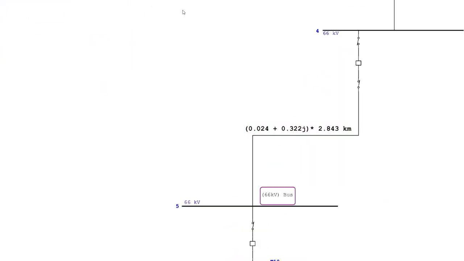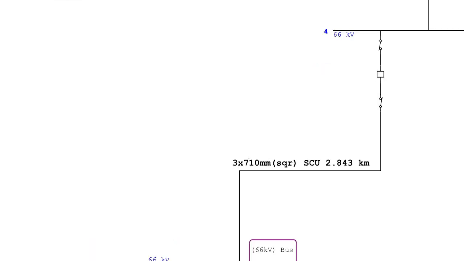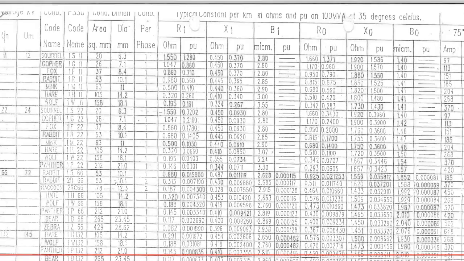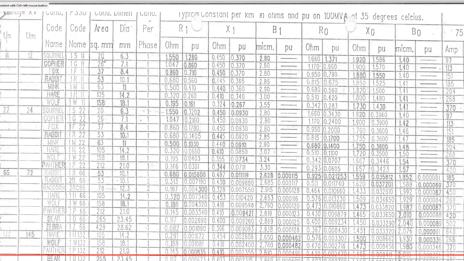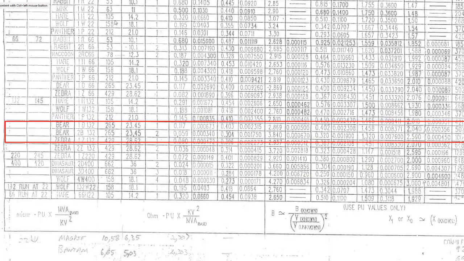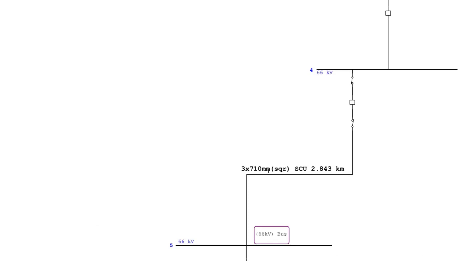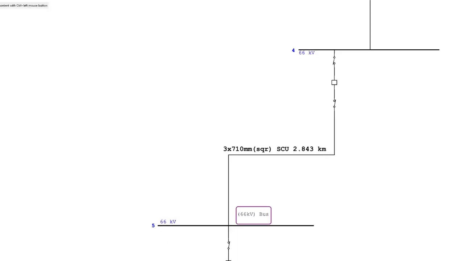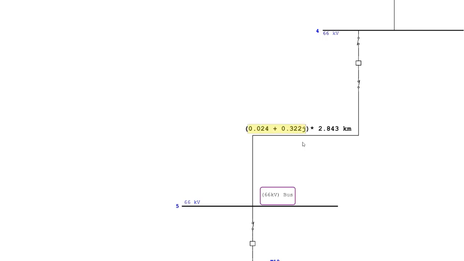Now you notice here we have something different. Instead of having a name of the cable, we have the millimeter square. This is the area of the cable. Going back to the same table, we can see that they also gave us the area in millimeter square. Now we just have to see which area corresponds to what we have here, which is a 710, and we found that the 662 is close enough, so we take the values from that and replace, and we get this impedance here.